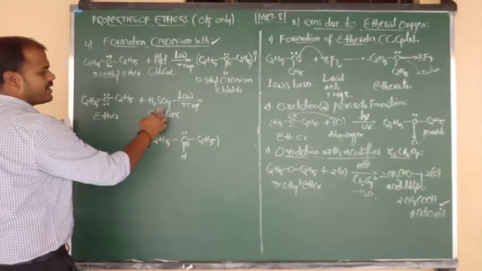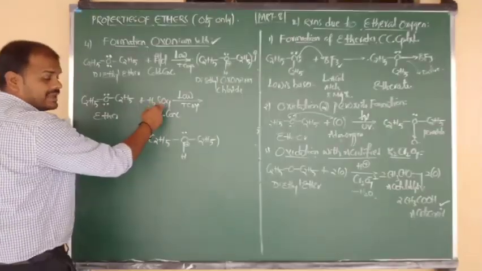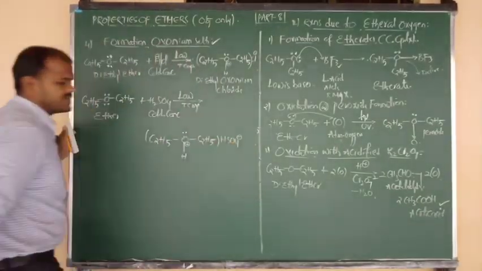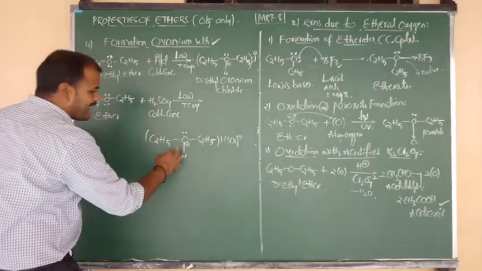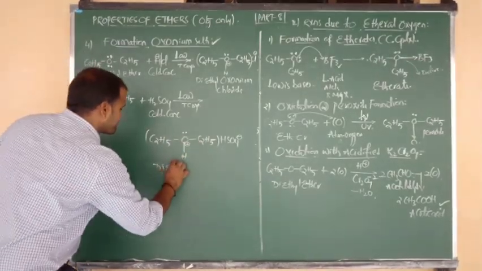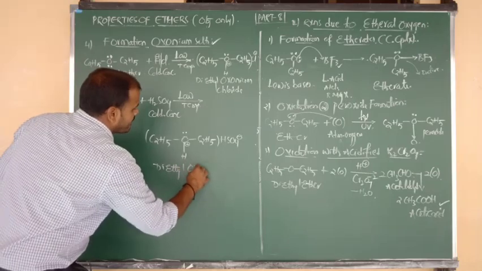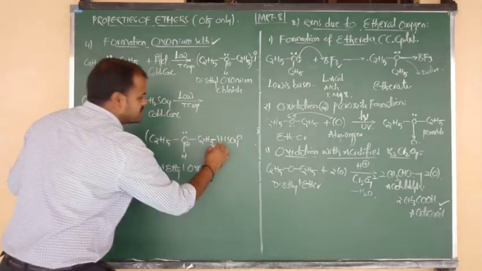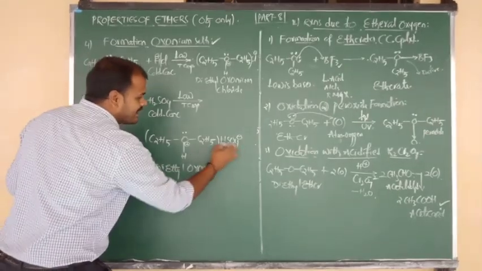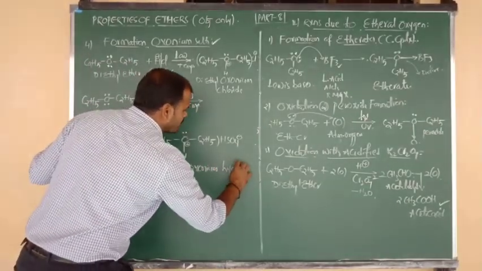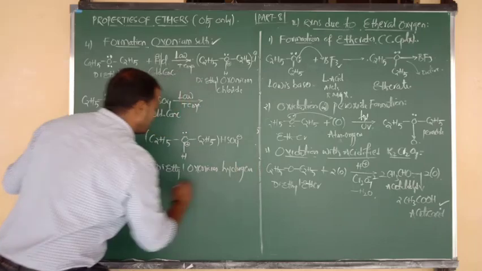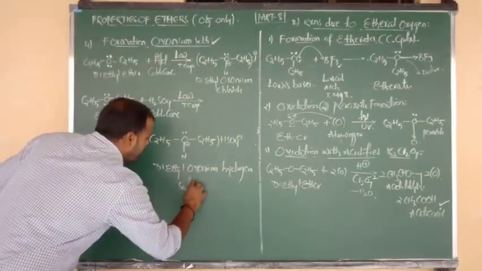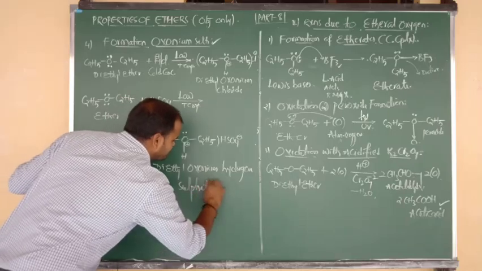After the loss of H plus, what remains from H2SO4 is HSO4 minus. So what is the name of this compound? Diethyl oxonium. And outside the bracket the species is HSO4 minus, so simply hydrogen sulfate. Diethyl oxonium hydrogen sulfate, and also we can say bisulfate.